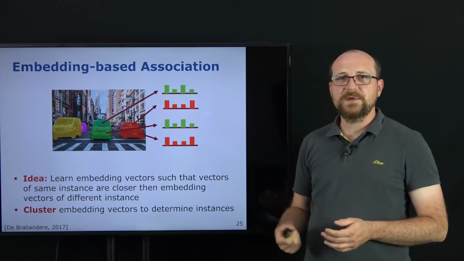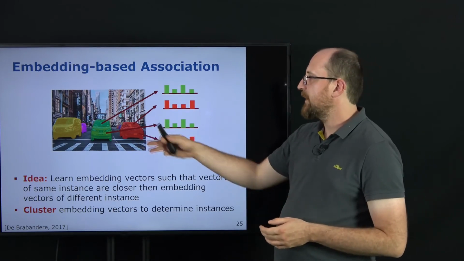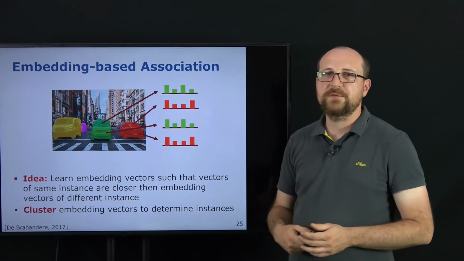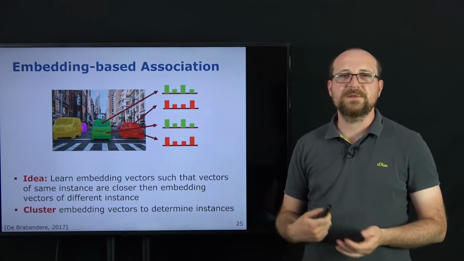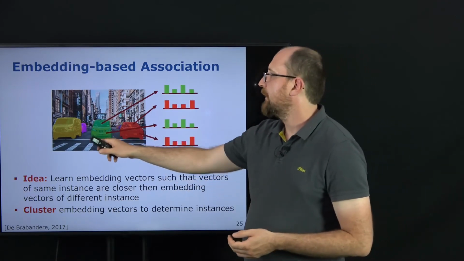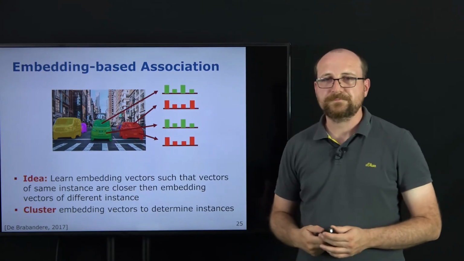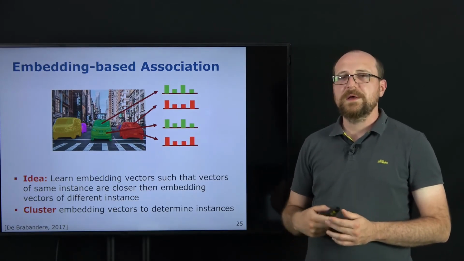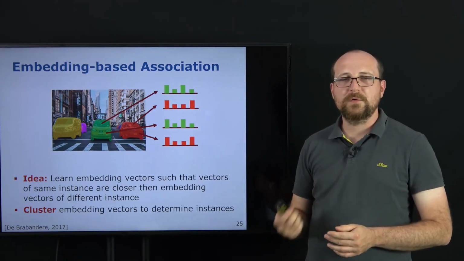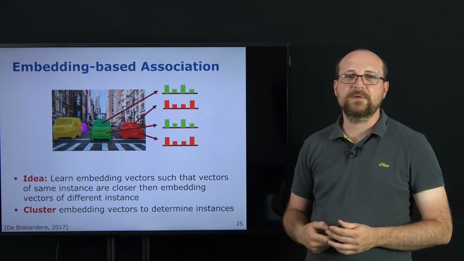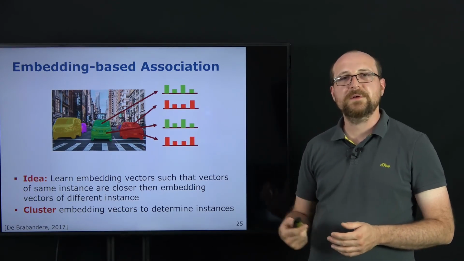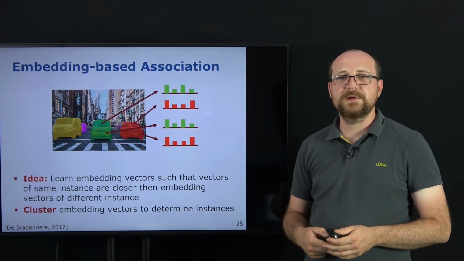And then by using this, when we are producing the embedding vectors, we can use clustering to determine all pixels from different instances. And for doing this, we can not only produce embedding vectors for a specific class, but we can also do this for multiple classes.